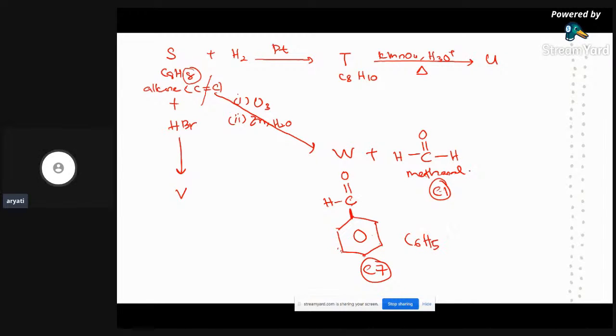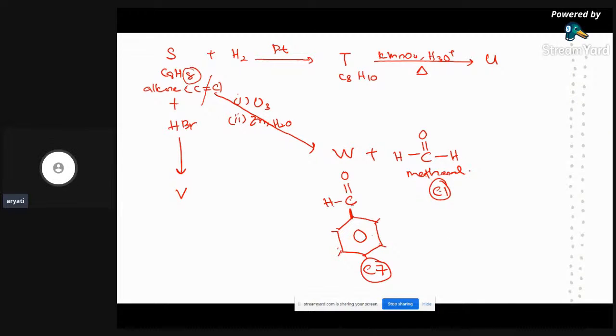Terikat dengan satu karbon lagi, jadi C6 campur 1 jadi C7. H5, 1, 2, 3, 4, 5. So karbon kat sini terikat dengan satu H, ada satu O, double bond O. So this is the structure for W. So kita lukis W dahulu.